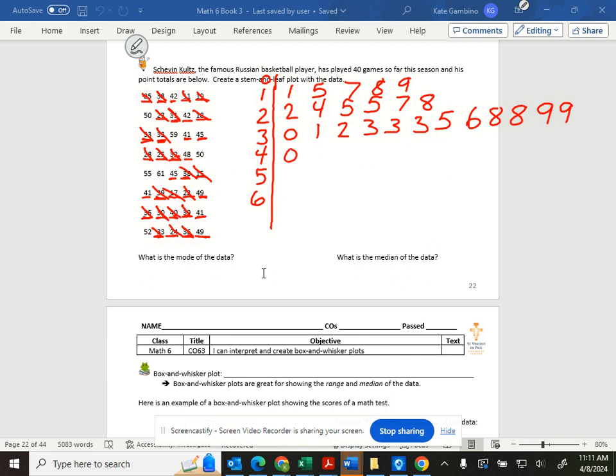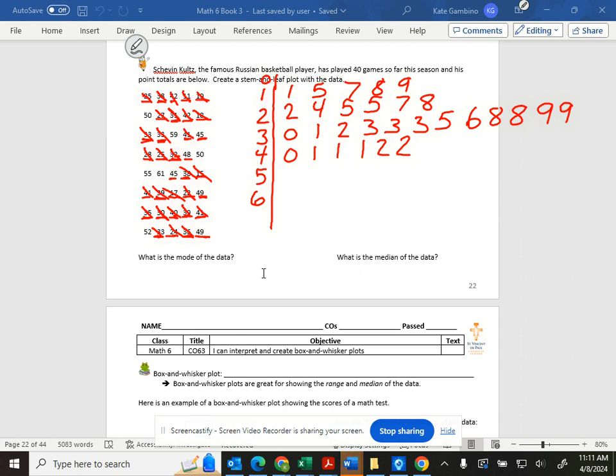Are there any other 40s? No. But I see there's a 41 right here. There's another 41. And another 41. Any more 41s? No. So now, oh, I see a 42 and a 42.